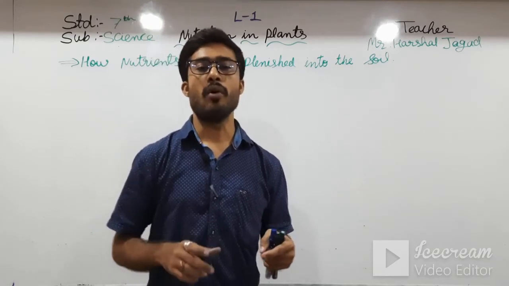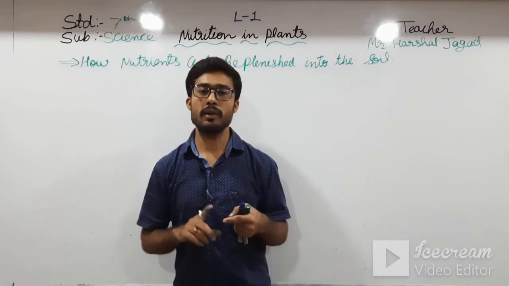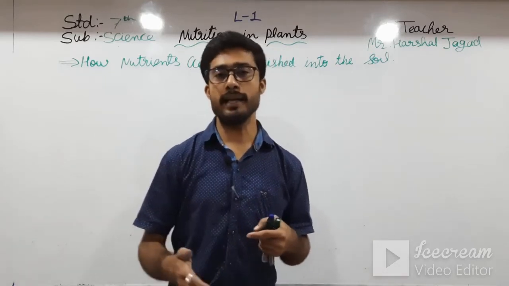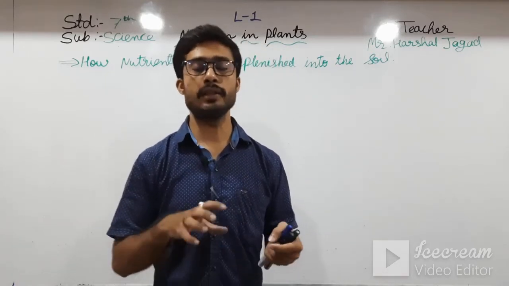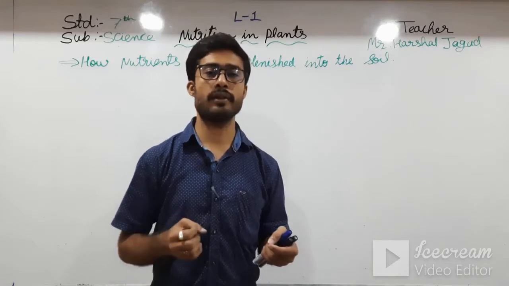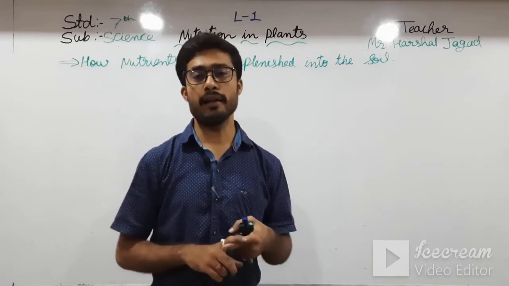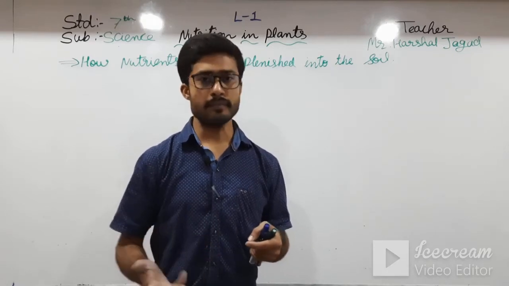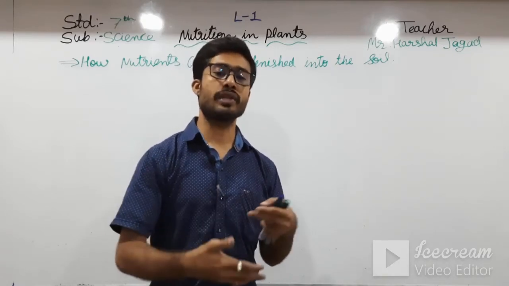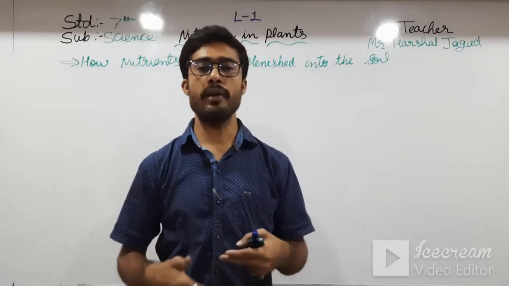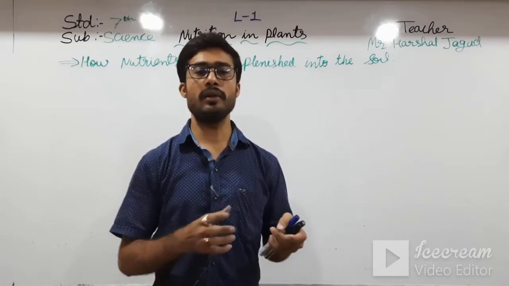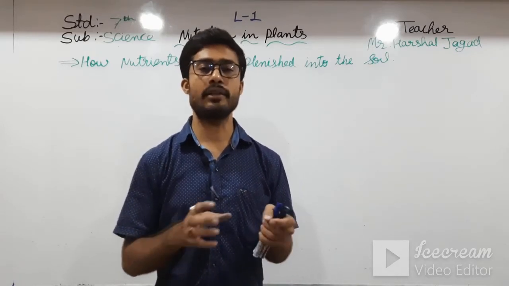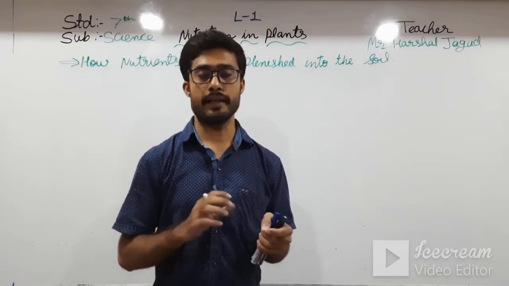If we grow only one crop every time, then all the nutrition which is needed for that crop is not enough, so the crop will not grow perfectly. Okay students, so we have to change the crop every time so that all the nutrition which is there gets used.